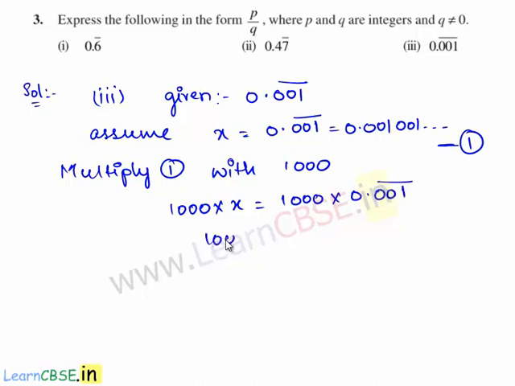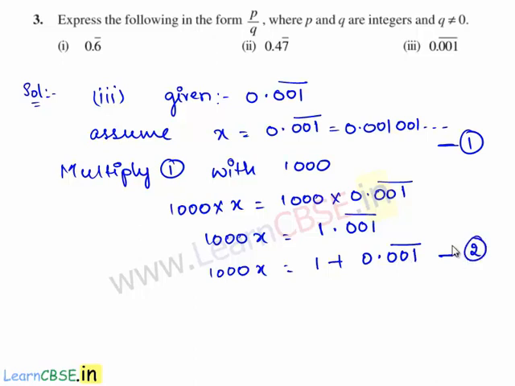This is 1000x is equal to 1.001 bar. This can be written as 1000x is equal to 1 plus 0.001 bar. Consider this as equation 2. Now let us subtract equation 1 from equation 2.